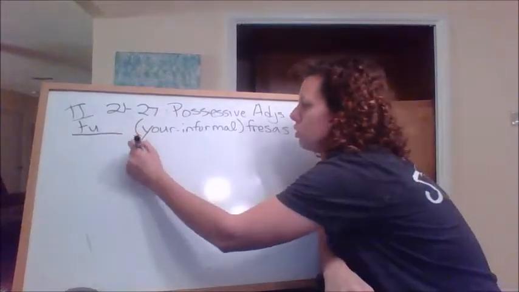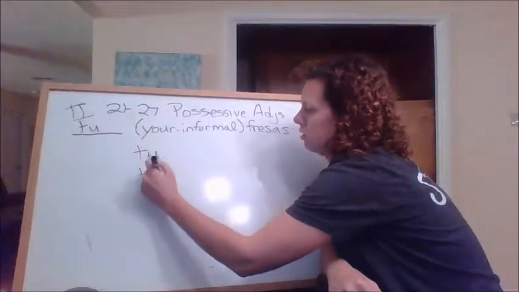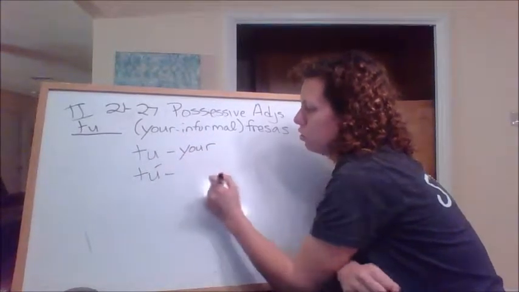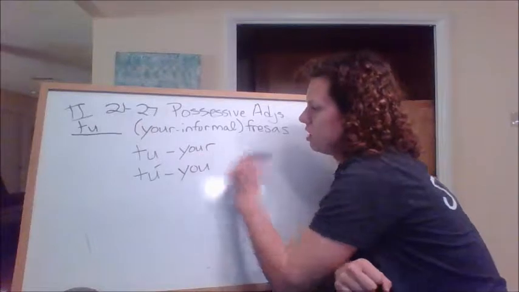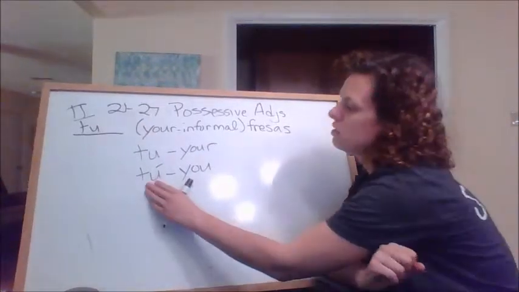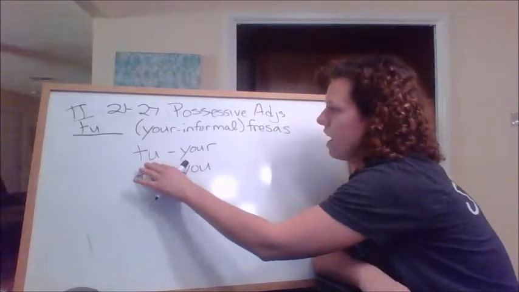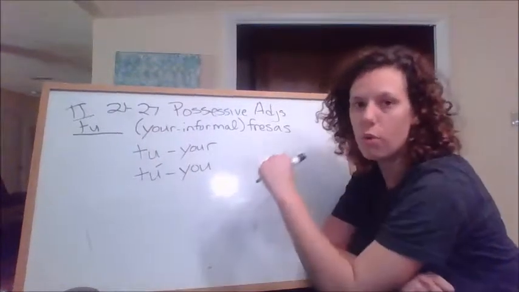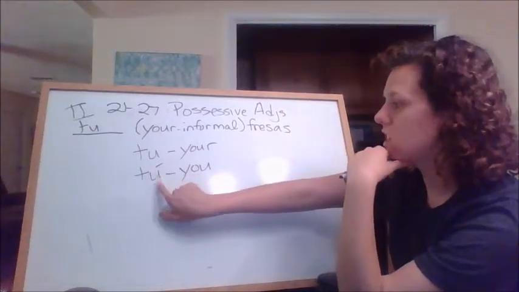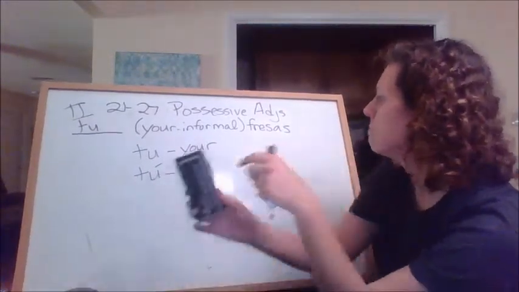Because tu is your, tu with an accent mark is you, okay? They're completely different things. This is a subject. This is a possessive adjective. You have to know the difference, okay? So if you write this one on your test, I will take some points off.